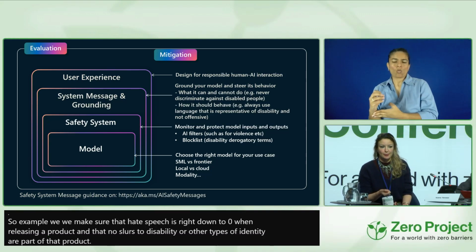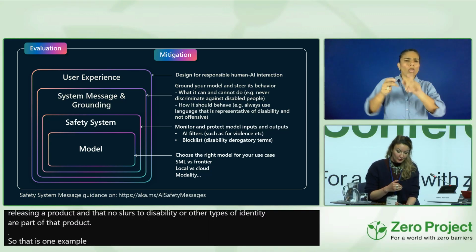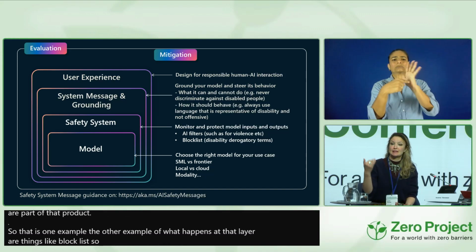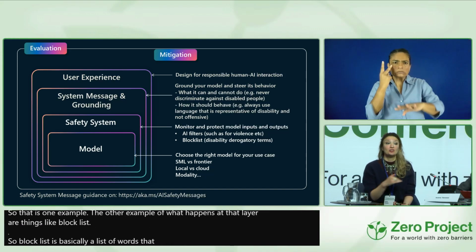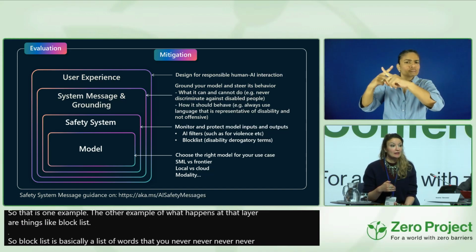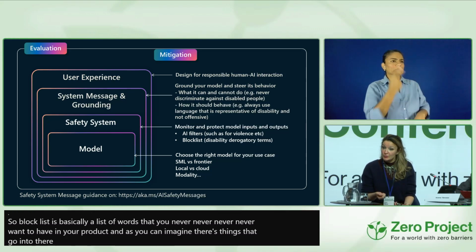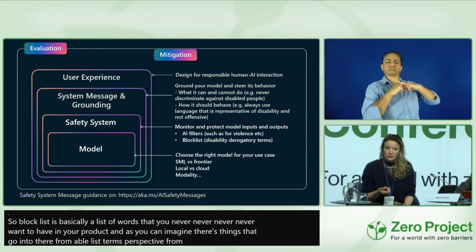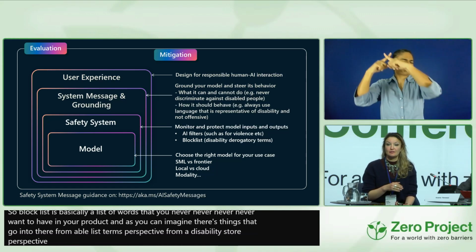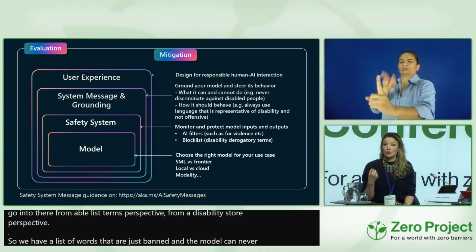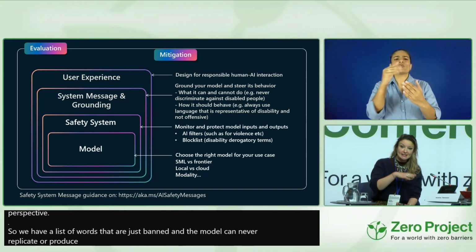So that is one example. The other example of what happens at that layer are things like block list. So block list is basically a list of words that you never, never, never, never want to have in your product. And as you can imagine, there's things that go into there from an ableist terms perspective, from a disability slur perspective. So we have a list of words that are just banned, and the model can never replicate or produce. That's the second box.